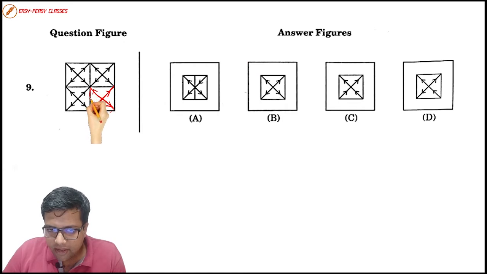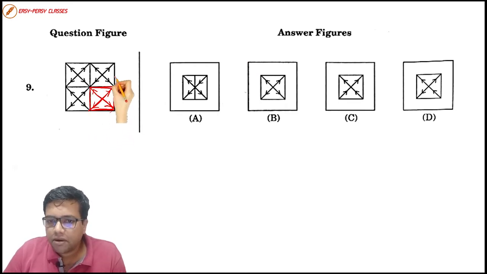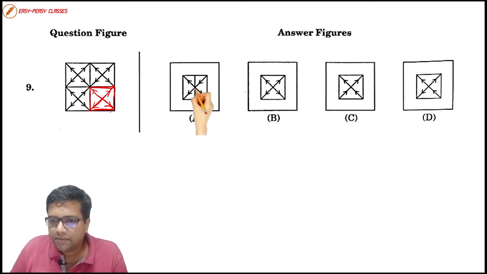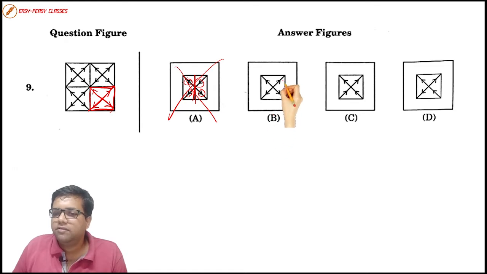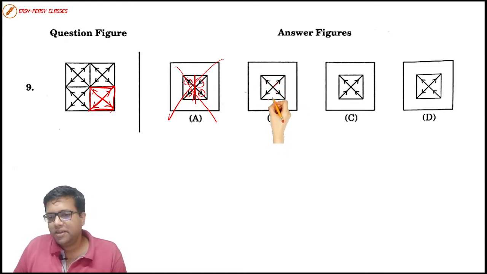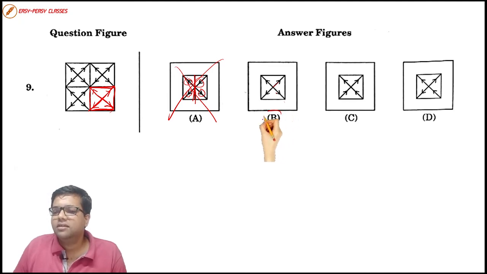And do we have any figure which resembles this figure, this missing part over here in our answers? Do we have this? We don't have it. Okay, this extra line is coming over here, and even the arrows are not moving outside properly, so we eliminate this. Option number B, we have diagonals, we have the arrows moving outside, so we can consider it as our answer.